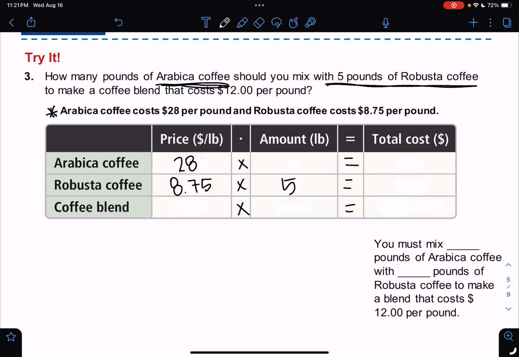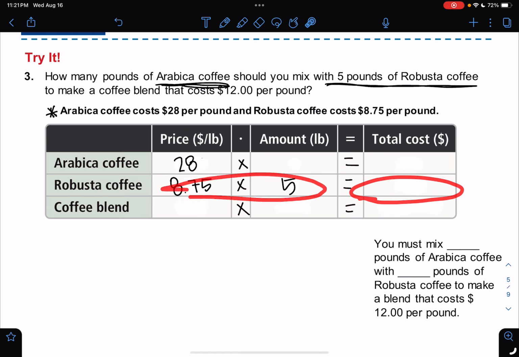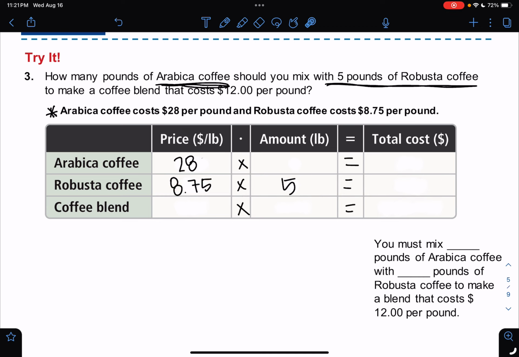So I know for a fact I can fill in this second row, the total cost, because all I have to do is multiply. Use your calculator. 8.75 times 5 is 43.75 for the Robusta coffee.